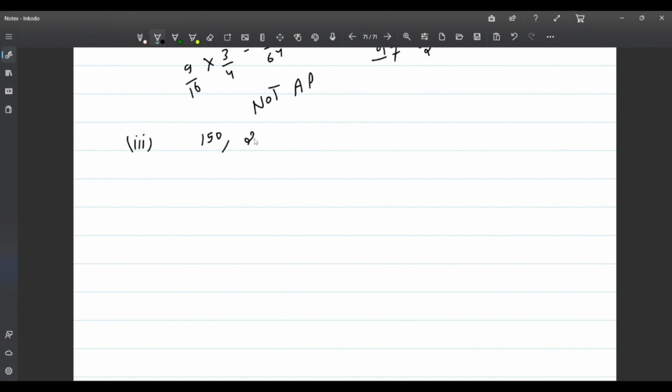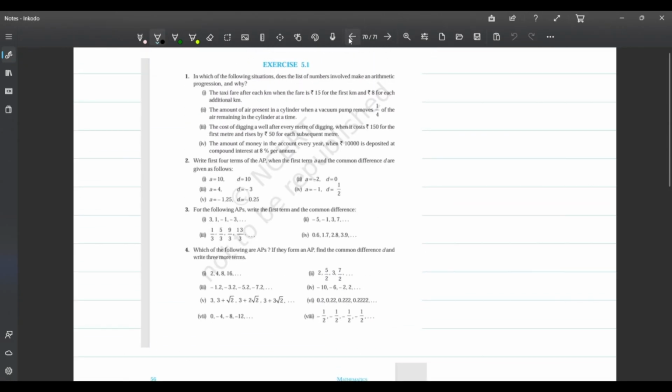So the next is 200, the next is 250, and the next is 300. So it goes on. We can see that the difference is a constant 50 rupees. In every interval the difference is always the same. So we can say that it is an AP.